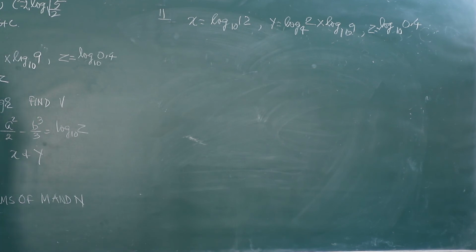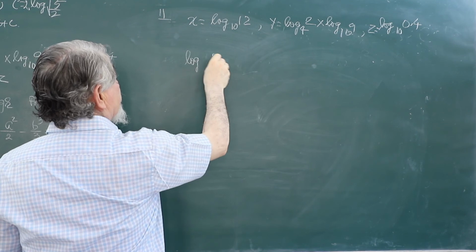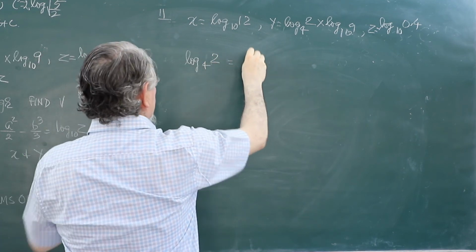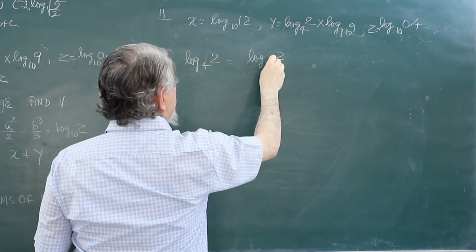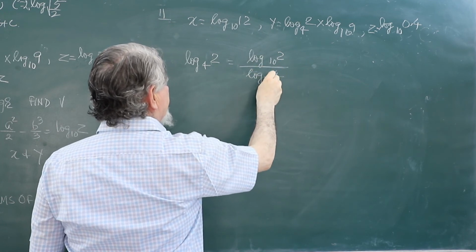The only problem is with the log 2. Log 2 has got base 4. So we would change that also to the base 10. Here we will apply the formula for changing of the base. For example, I have log 2 to the base 4. So I can write it as log 2 to the base 10 upon log 4 to the base 10. You can change to any base.